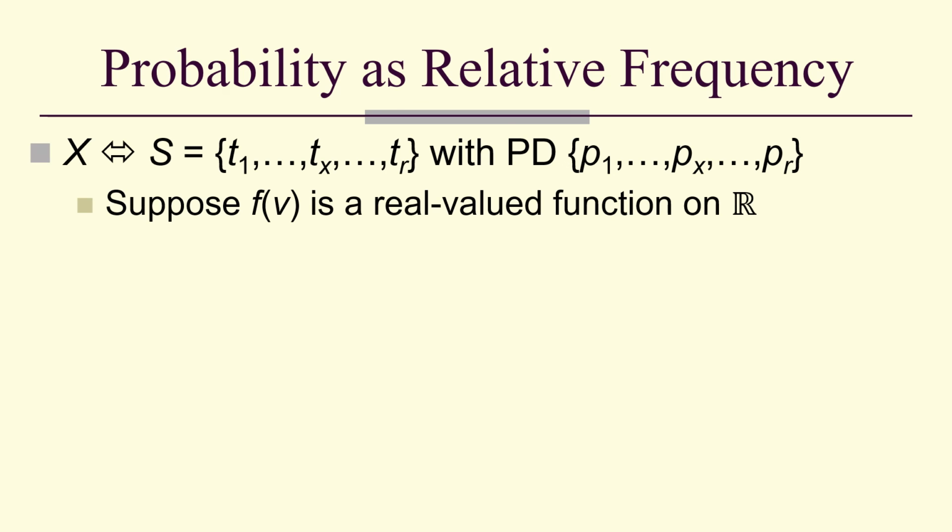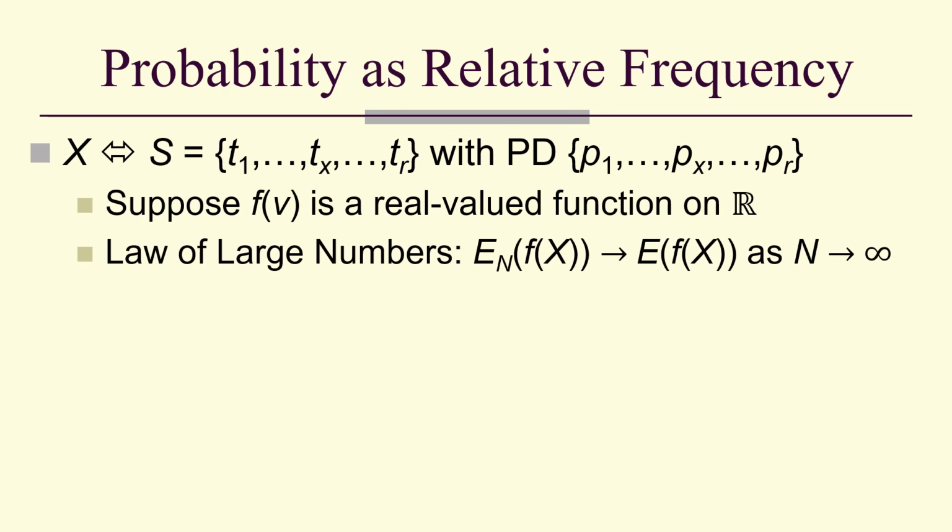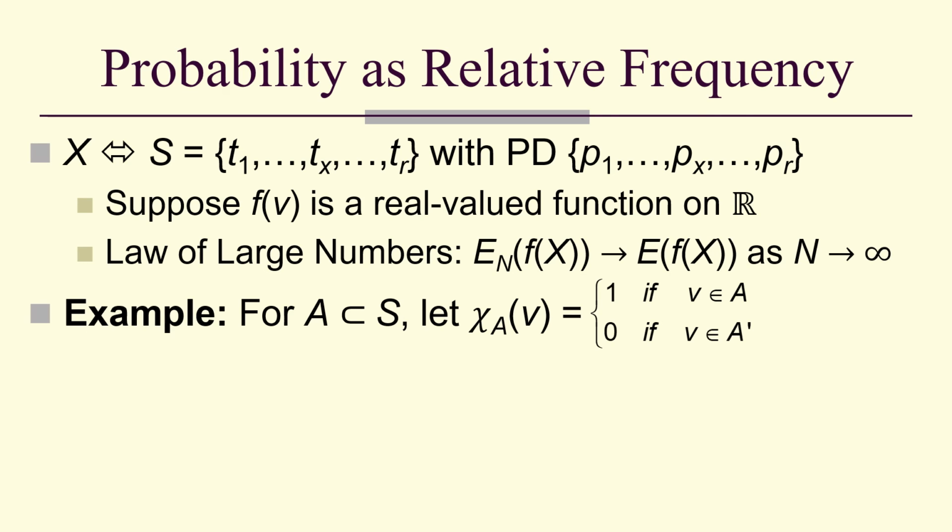If we have a real-valued function f, the law of large numbers also implies that the sample average of the function of x converges to the theoretical expected value of f of x as n goes to infinity. So for example, suppose we define a function chi sub A of v, which is 1 if v is in the set A and 0 if not.